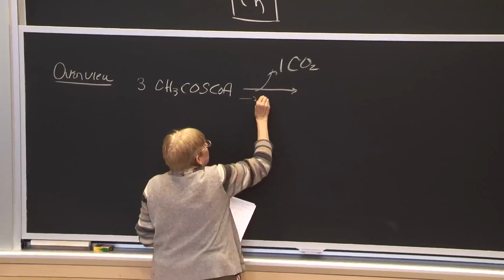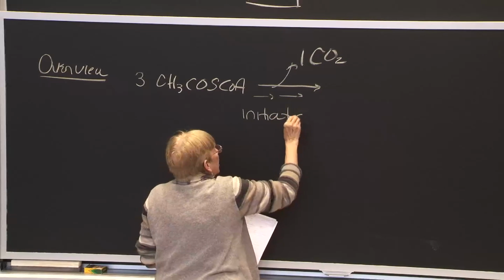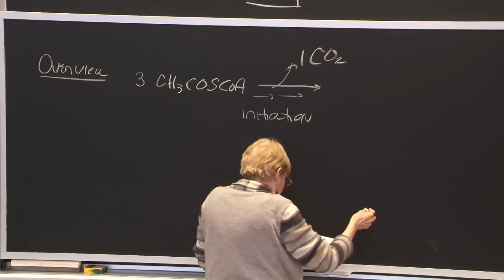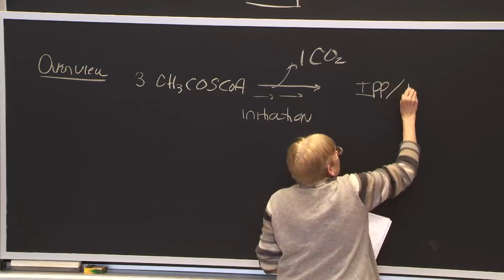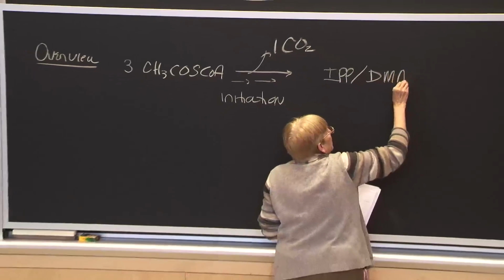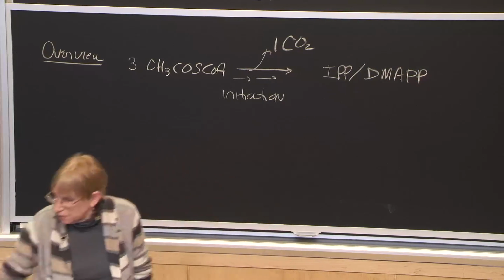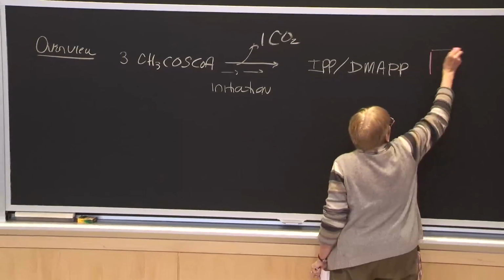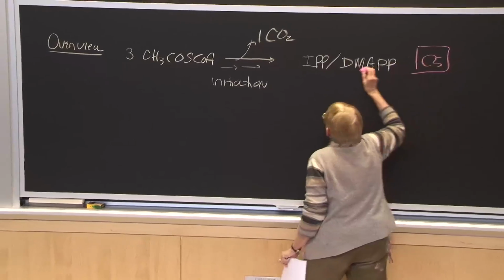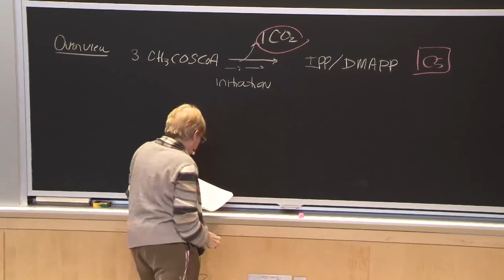This whole process, which is going to be multiple steps, is called initiation. It forms IPP, which can isomerize to form DMAPP. Again, this is our C5 unit that we're after, and we've lost one carbon as CO2.